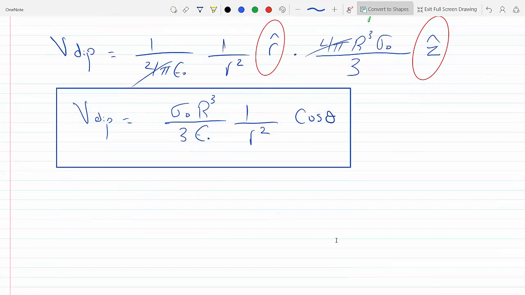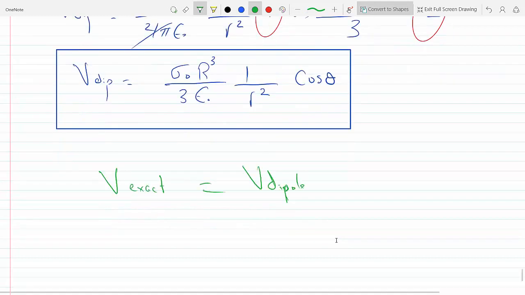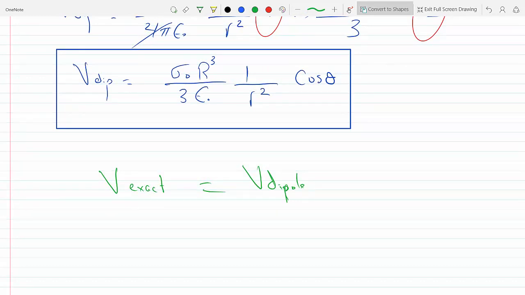So now when he asks what this tells you about the quadrupole moment and higher order moments of the surface charge distribution, well, they all have to be 0, because V exact turned out to be equal to V dipole. That just means all the other multipole expansion terms have to go to 0.